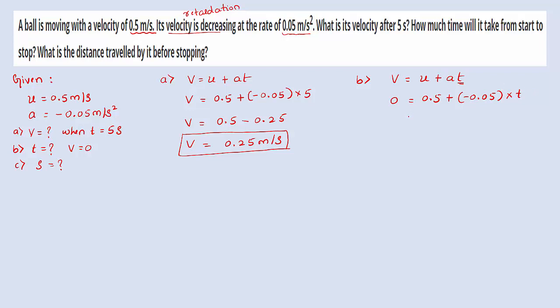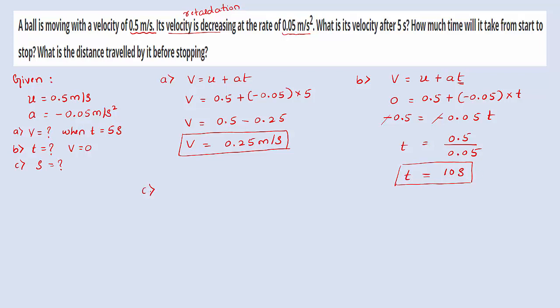Or we can write 0 equal to 0.5 minus 0.05 into t. Or 0.05 t equal to 0.5. So we can write t equal to 0.5 divided by 0.05. So how much time will it take? That is 10 seconds. It takes 10 seconds from start to stop.